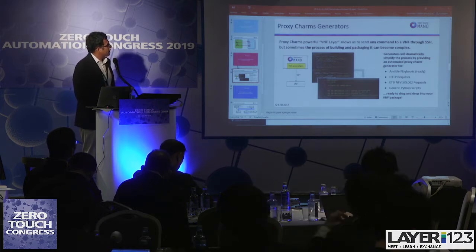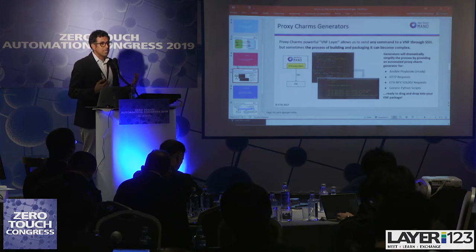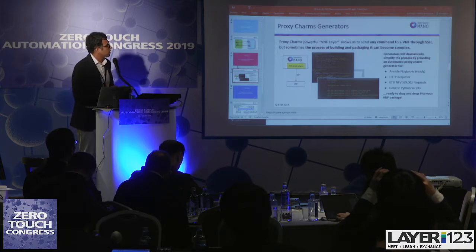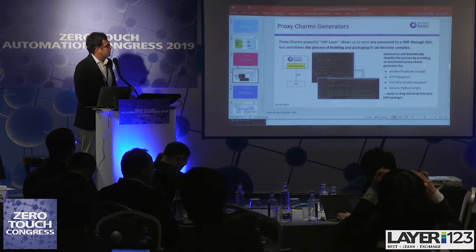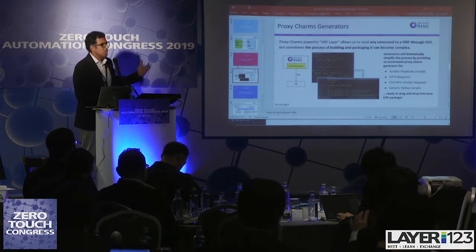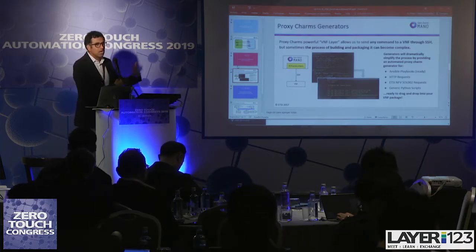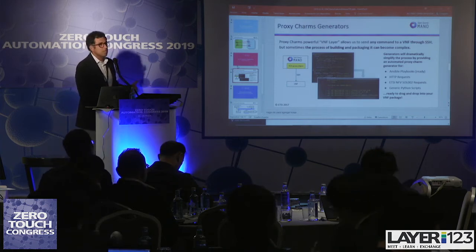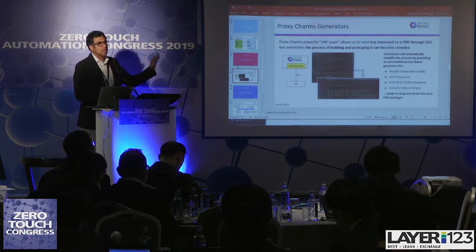Basically, we are building generators. We call them proxy charm generators, which we expect will dramatically improve the way VNF vendors can manage their day one operations by using simple Ansible playbooks, which is a common way of configuring any system, HTTP requests to consume REST APIs that are already available in the VNF.